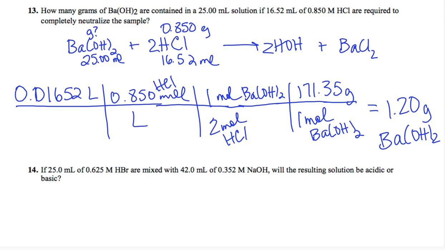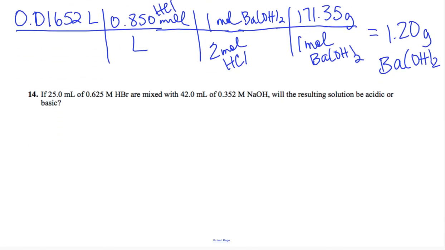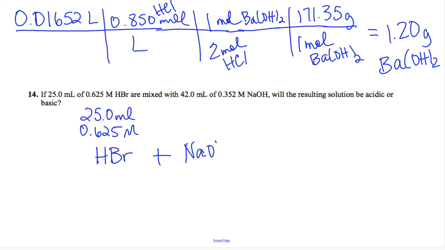But this one right now, we don't have a lot of work to do. I just want to see if we can get the concept of this and see if someone can explain it to me. It says 25.0 mils of 0.625 molar HBr is mixed with some NaOH, 42.0 mils of that, and it's 0.352 molar.